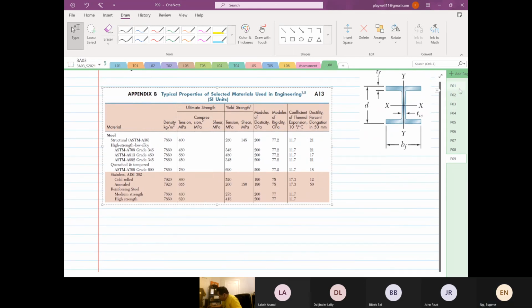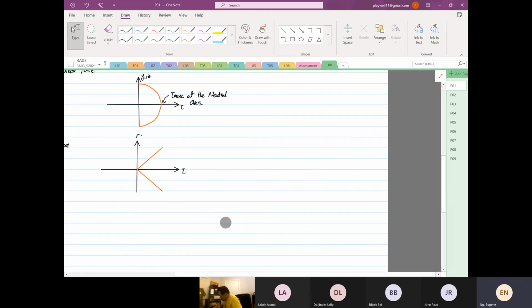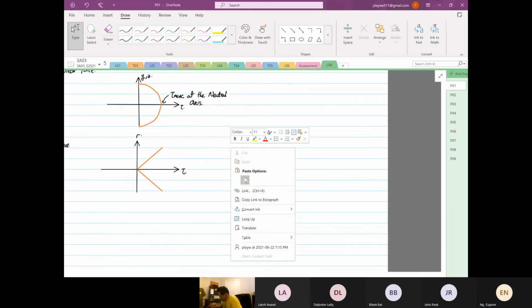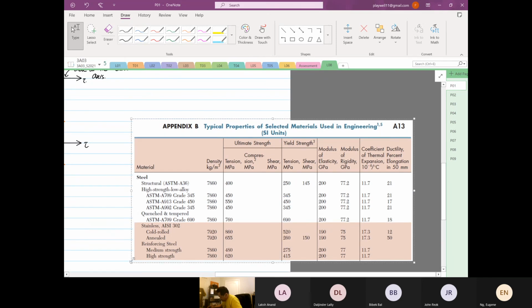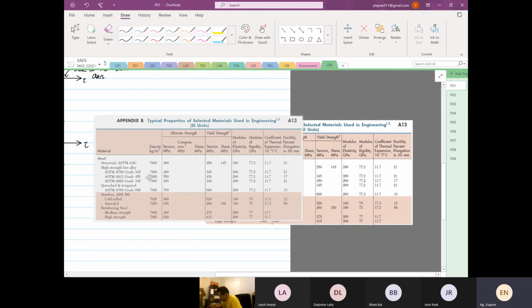If you look at a table, this is material properties.